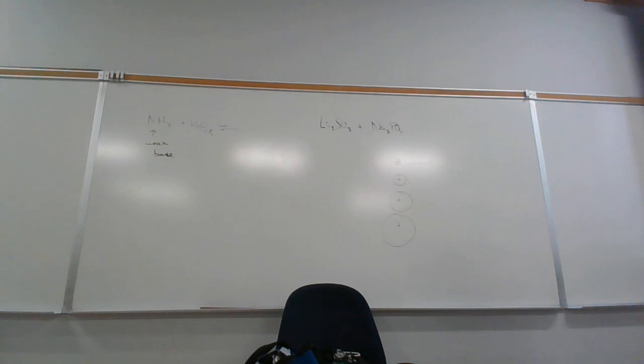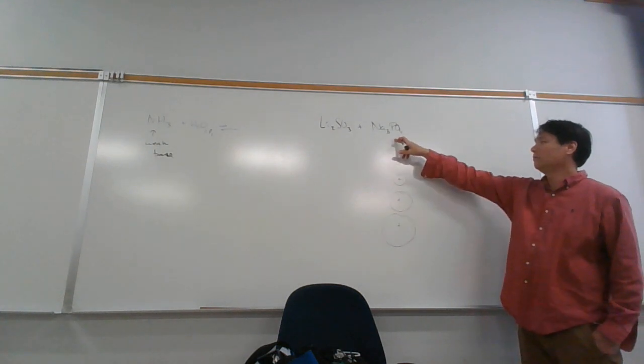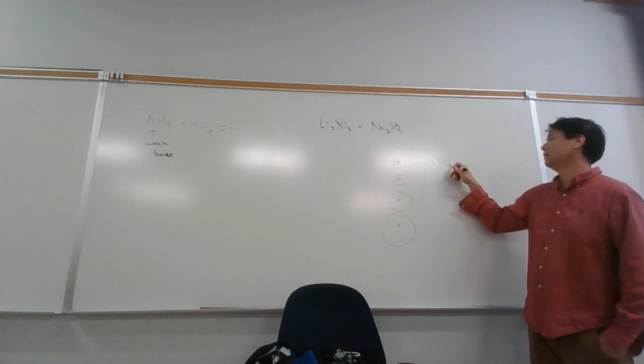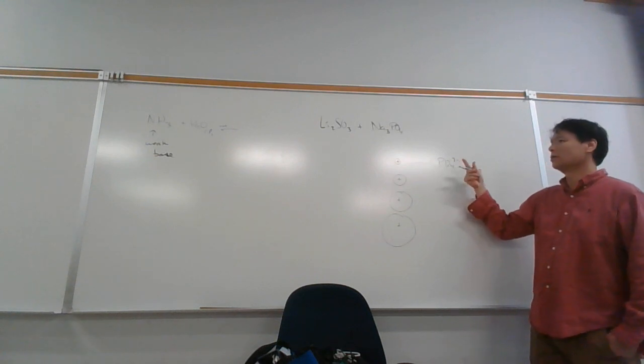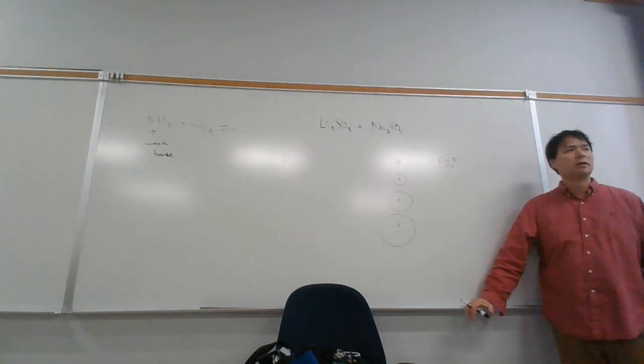I'm not saying that the book is necessarily wrong, that it's a typo. It could be that that's an exception. The reason why that might be an exception would be that lithium is very small in size, and phosphate is quite high in charge, although it's pretty big. It's got a 3- charge, though.